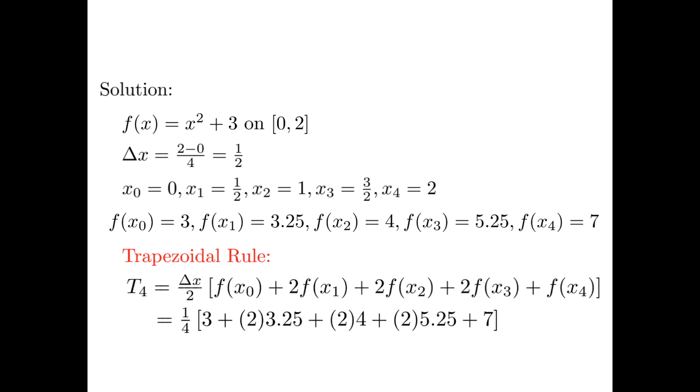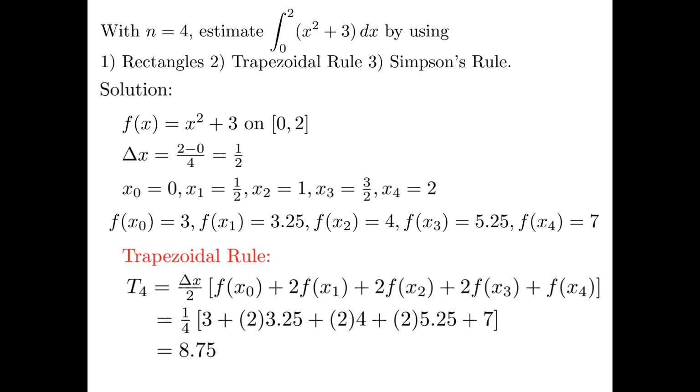Then we get 2 times f at the other breakpoints until we get to the one on the far right, which is f of x4, that's f of 2, and the value there for f is 7. So I add all those numbers up, I multiply by delta x and divide by 2, and that comes out to be 8.75. So again, if you check, that's exactly the average of the first two ways of doing it, with the left endpoints and the right endpoints. And this is much closer.